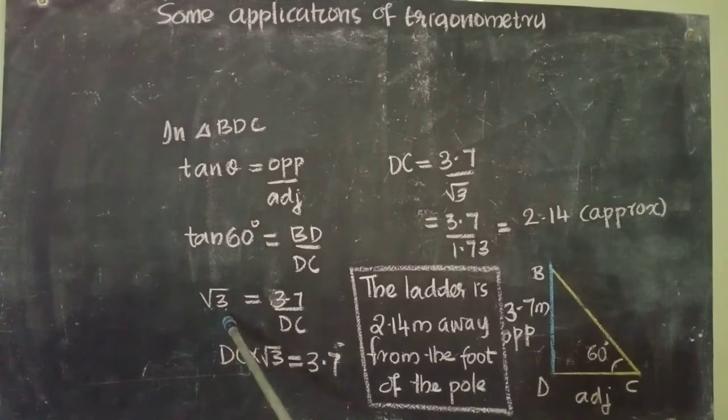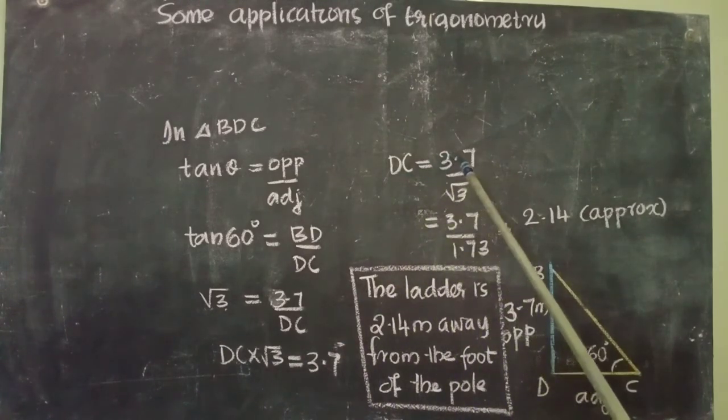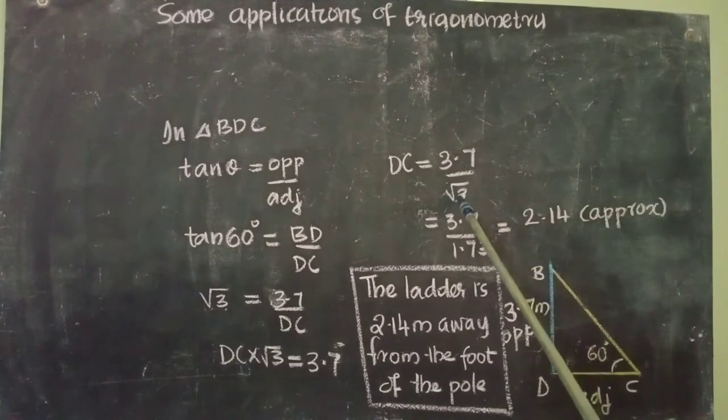So we get root 3 equal to 3.7 by DC. Cross multiplying, we get DC into root 3 equal to 3.7. DC equal to 3.7 divided by root 3. Value of root 3 is 1.73.